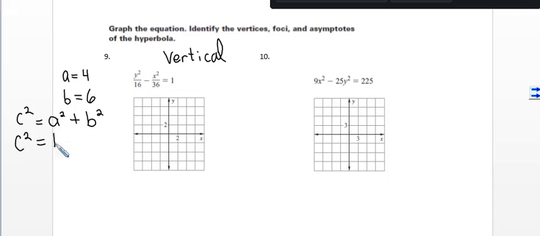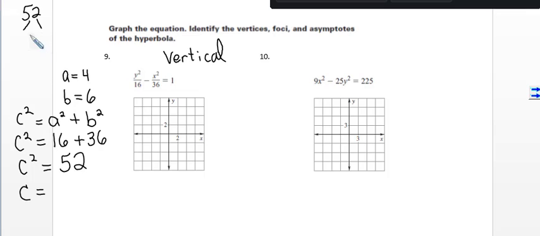Your a squared is 16, your b squared is 36. Take the square root. 52 breaks down to 2 times 26. 26 is 2 times 13, so it looks like we have a pair of 2s with a 13 left over. That'll be 2 square root of 13, which is approximately 7.2.